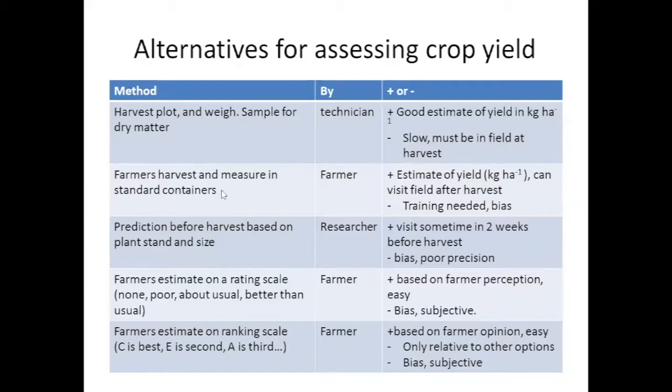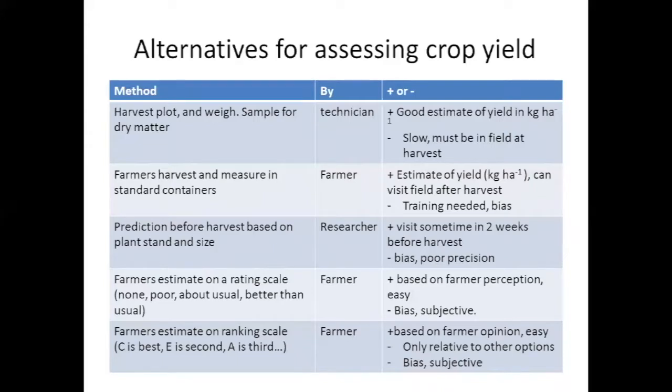So here's the first alternative. Have farmers do the harvesting and measuring it in some sort of standard container. Now, farmers don't have weighing machines, but it's sometimes possible to provide some sort of standard container like bags. So farmers harvest it and they measure how many bags full they get.